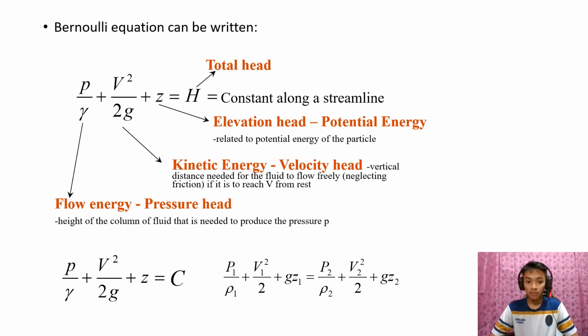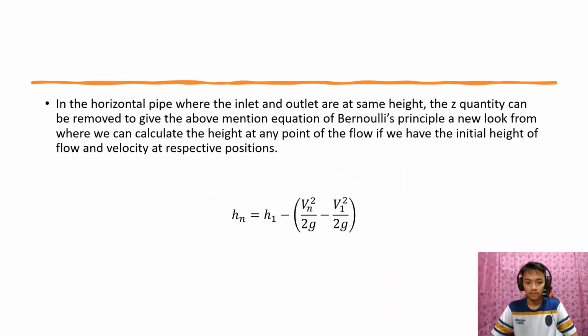So basically, the Bernoulli equation consists of flow energy, which is pressure head, kinetic energy or velocity head, and potential energy or elevation head. But for a horizontal pipe, when the inlet and outlet are at the same height, the z quantity, which represents the height, can be removed to give a new form of Bernoulli's equation, which you can see from the slide. And this equation can be used to calculate the height of any point of the flow.